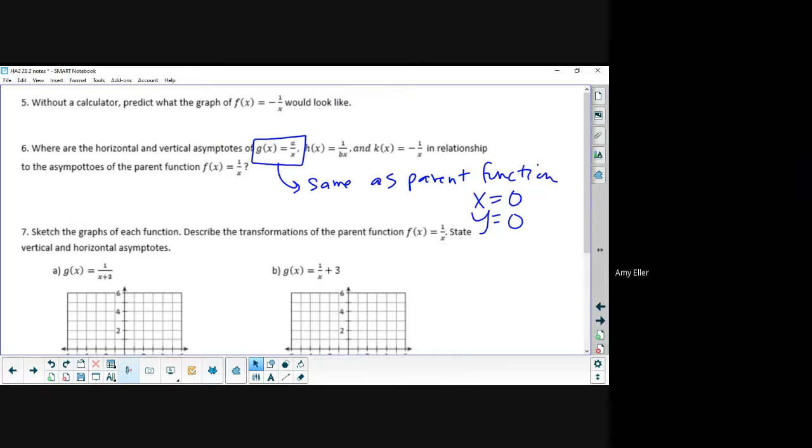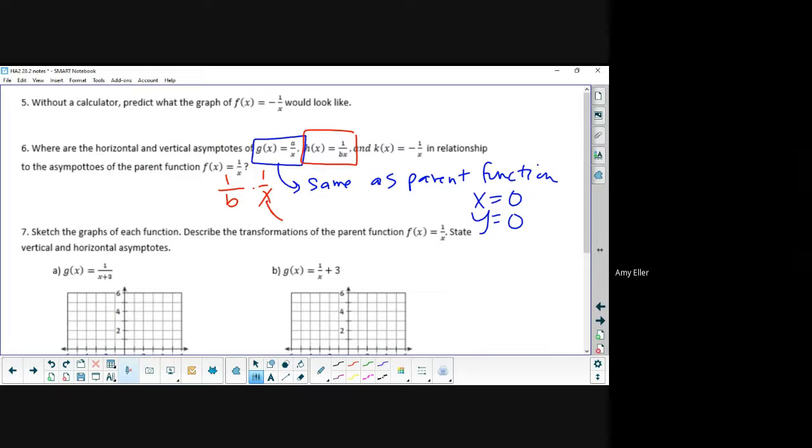Vertical stretches by any number do not change an asymptote. This is representing a vertical or horizontal shrink. So like 1 over b, if I shrink it by any number, does that change the asymptote?